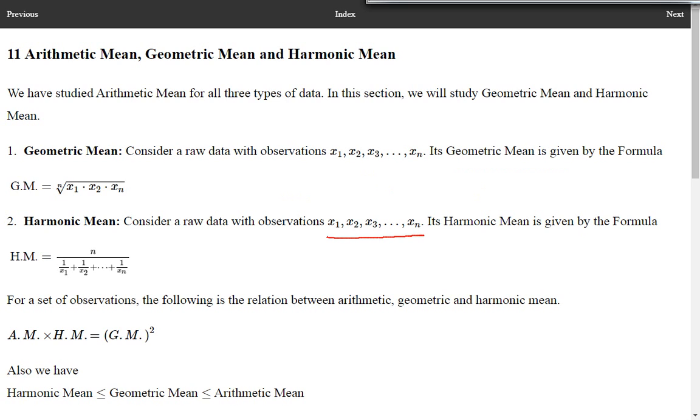If x1, x2, x3, up to xn are n numbers, then the harmonic mean is given by this formula: n upon the sum of the reciprocals of these n numbers. This is how harmonic mean is obtained.